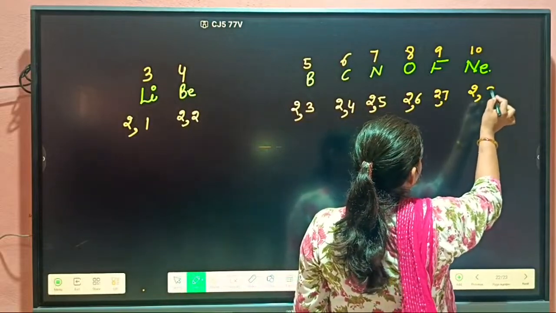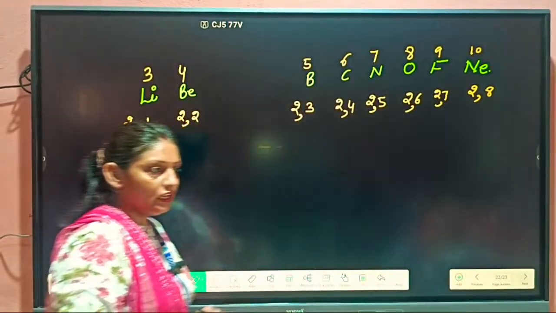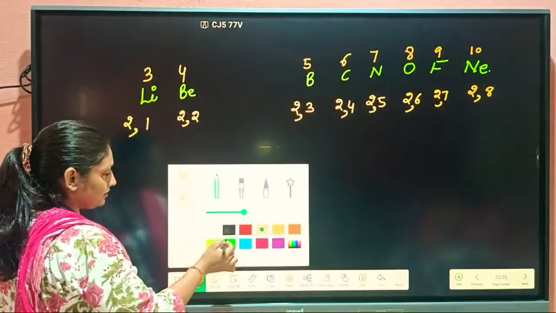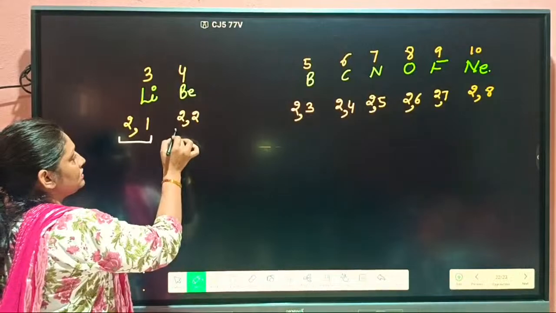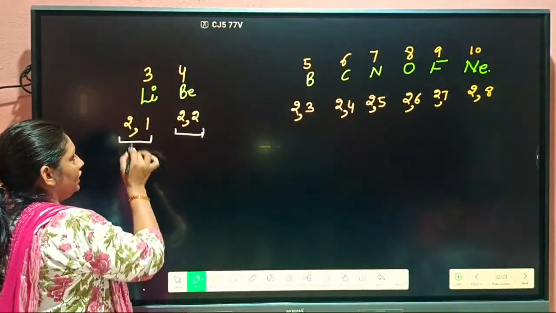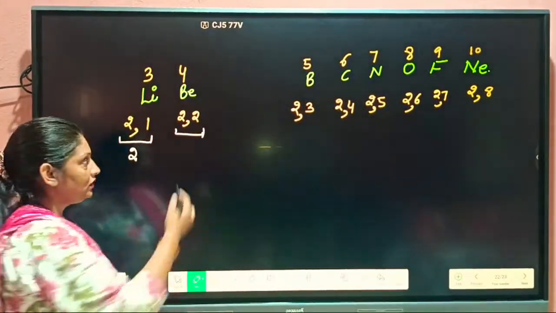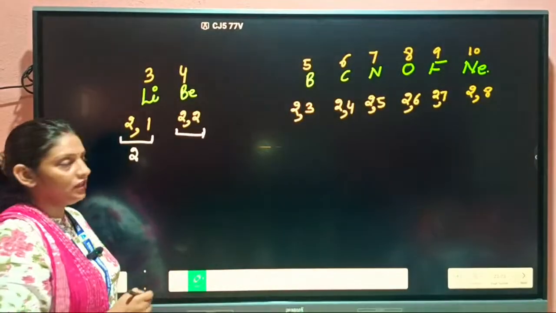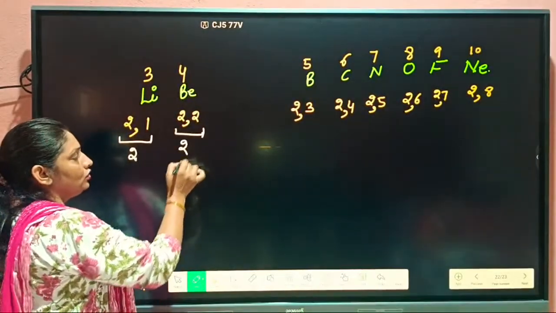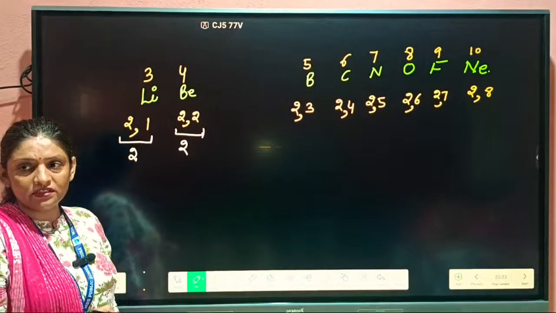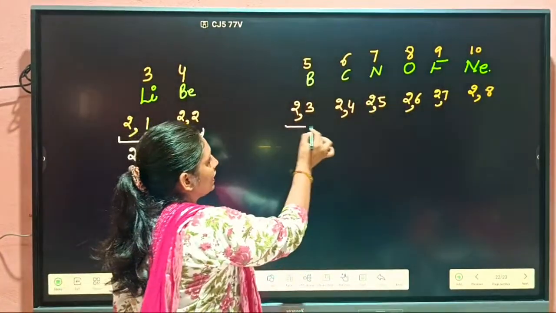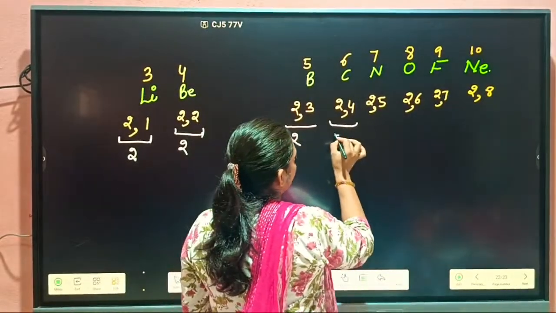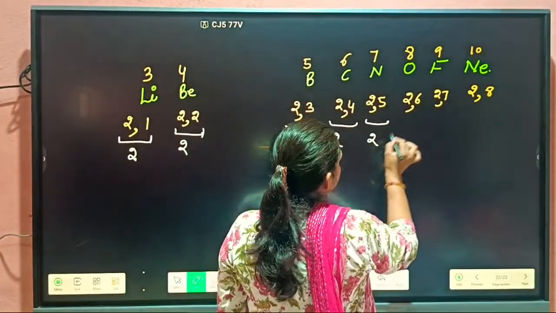So here you can see in all elements, the number of shells is the same. Here also 2, and in case of beryllium there are also 2 shells. Means the number of shells is not increasing here. Here the number of shells is the same in all elements.